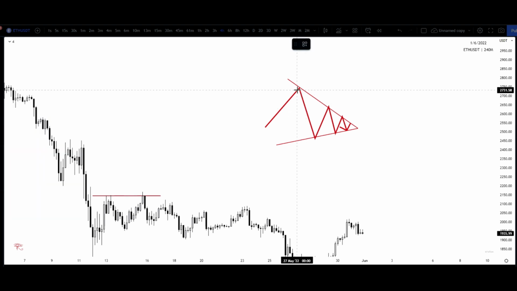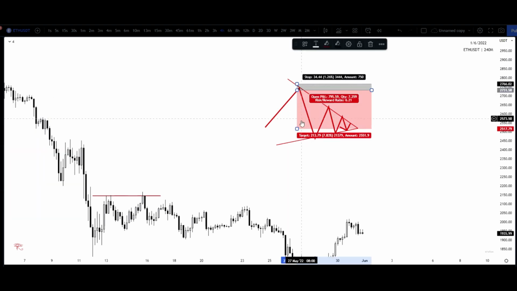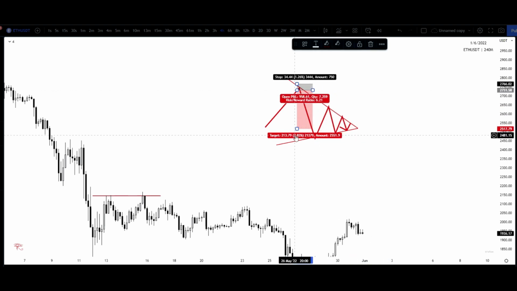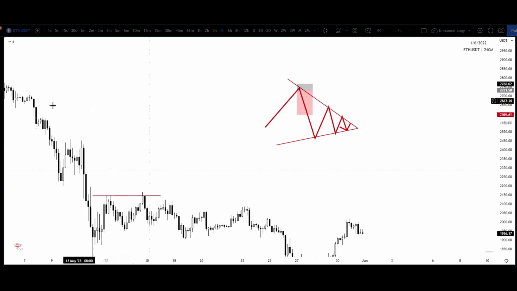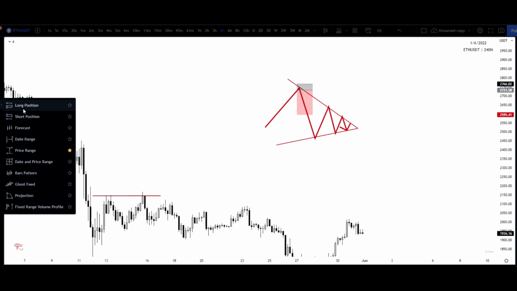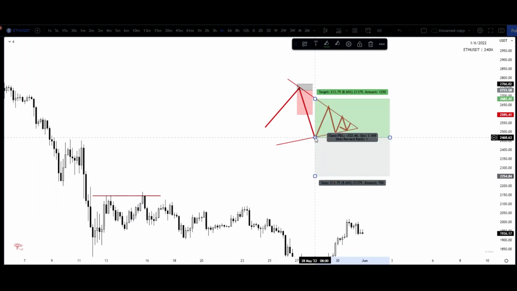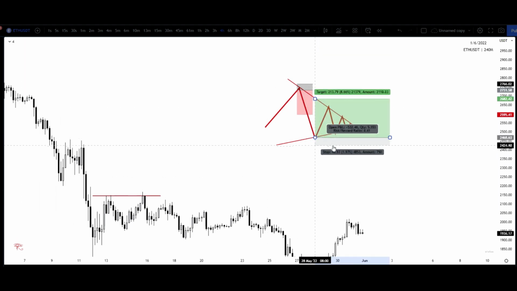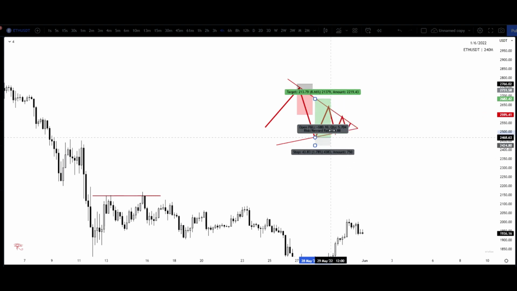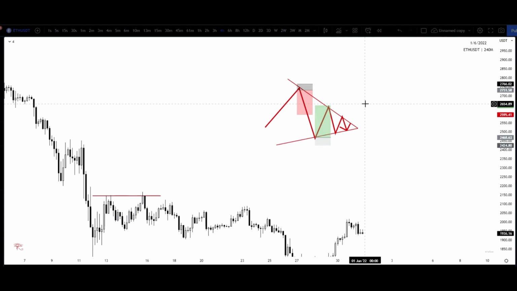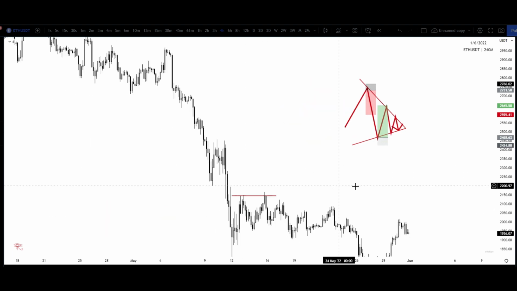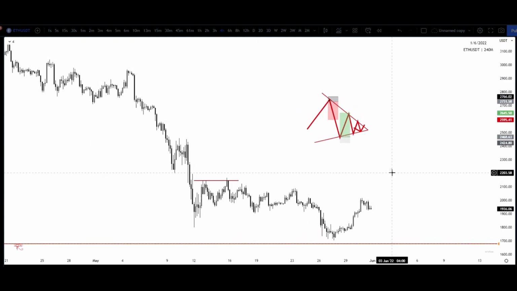Yep, they're getting in shorts at the top of the wedge, and they're getting in long positions at the bottom of the wedge, right? So now that most of the general public uses these patterns, we can start to see the buildup of liquidity, right? And we can start to see these patterns start to play out. And we can start to see these patterns manipulated as well.